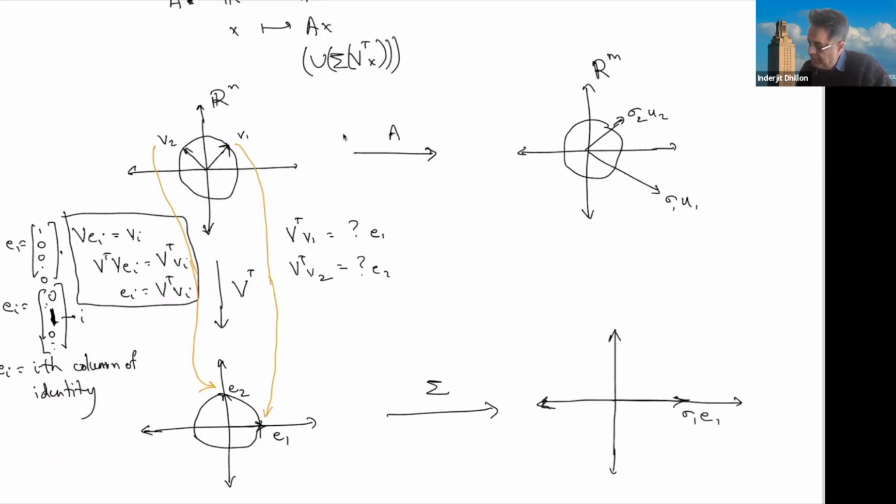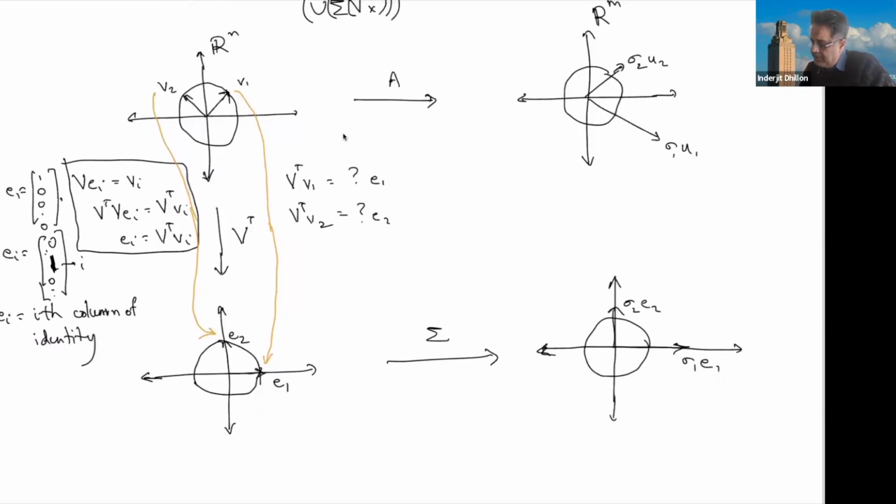Okay, so the unit sphere is somewhere over here. And sigma 2, so E2 is mapped to sigma 2 E2. Is that clear? Because sigma is a diagonal matrix, right? So sigma times E1 is equal to sigma 1 times E1, and the matrix sigma times E2 is equal to sigma 2 times E2. So it's just stretching of the axis.